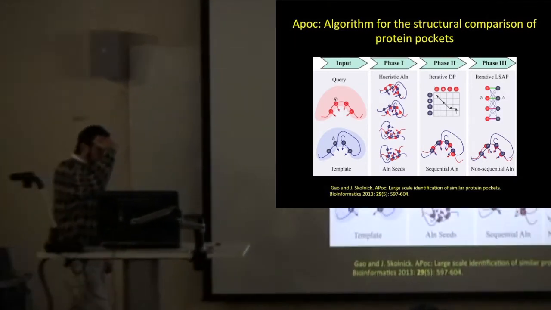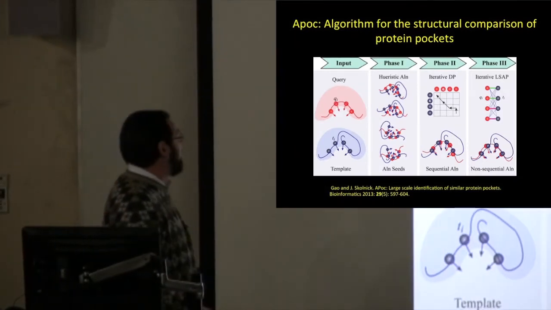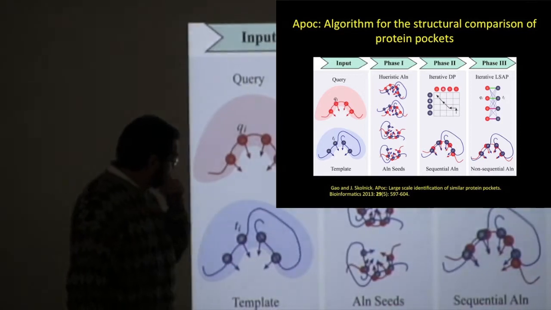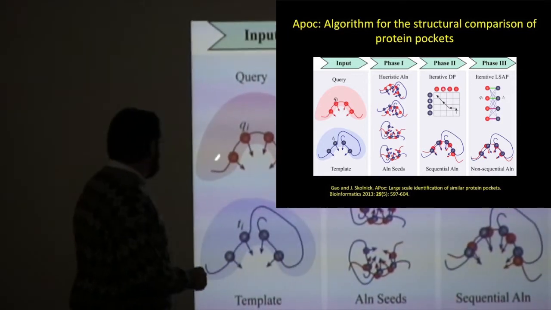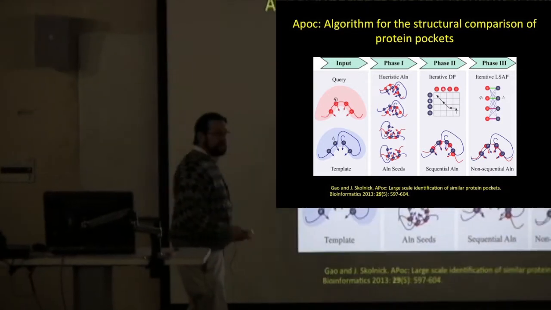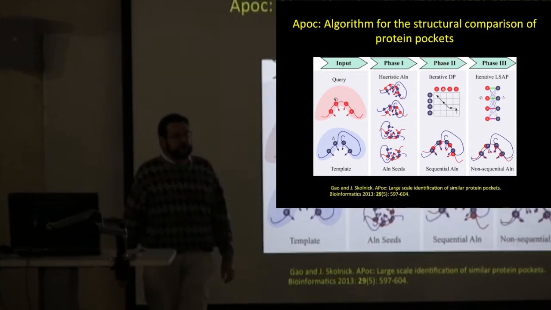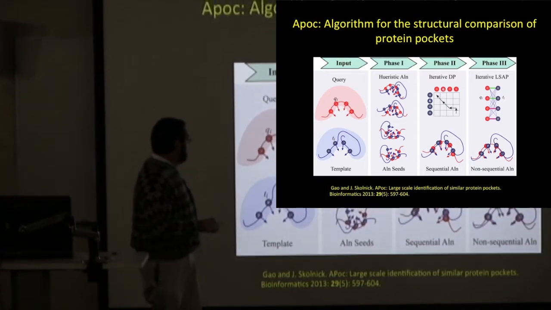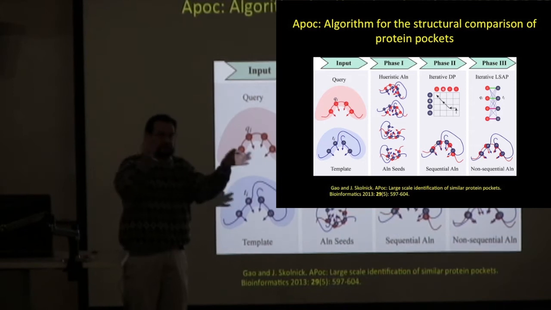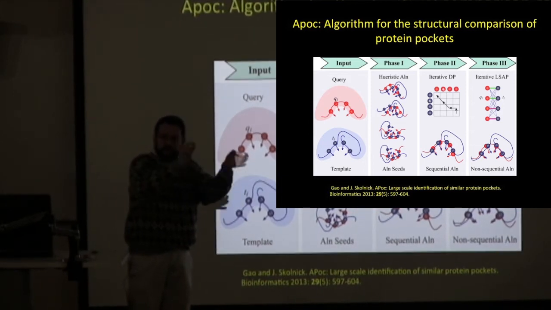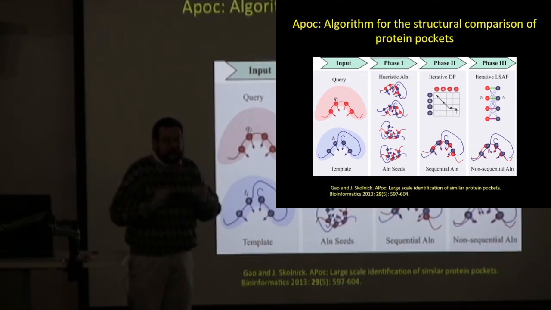So I have to compare pocket shapes. And so Mu Gao, who's in the audience, built a pocket alignment algorithm. Basically, with that formula, I have two pockets and I want to compare them. There's two ways you can compare them. One way is that you can say, I'm interested in a sequential alignment. If I go from the N terminus to the C terminus, are the pockets similar?